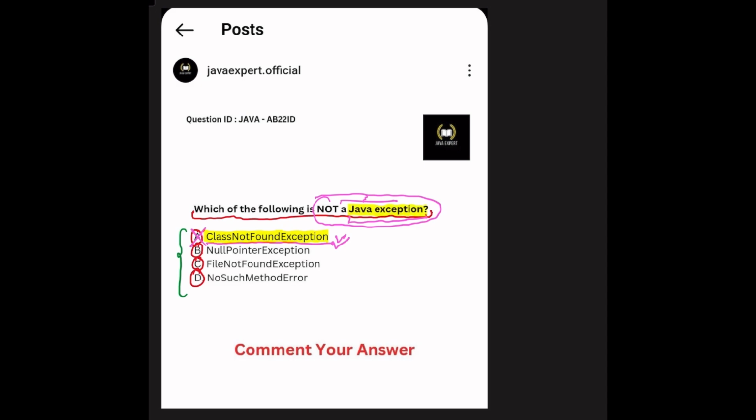Class not found exception is a checked exception in Java that occurs when an application tries to load a class through its string name using methods like Class.forName, or we can use methods like ClassLoader.findSystemClass.